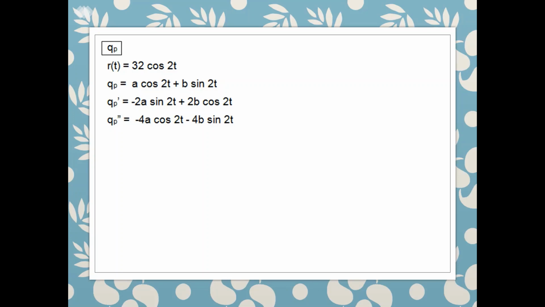Let's proceed with the answer for the qp. Given that r(t) is equal to 32 cos 2t, which is a trigonometric function, by letting the qp equal to a cos 2t plus b sin 2t, differentiate, you will get negative 2a sin 2t plus 2b cos 2t. Differentiate once again, you will get negative 4a cos 2t minus 4b sin 2t.